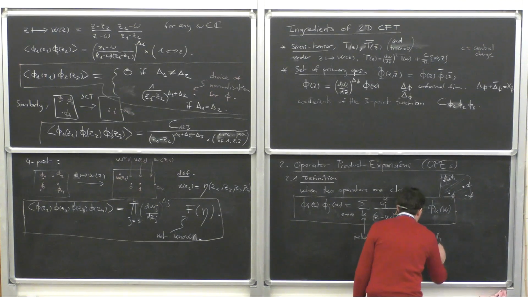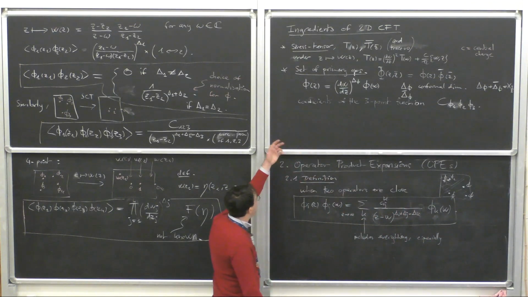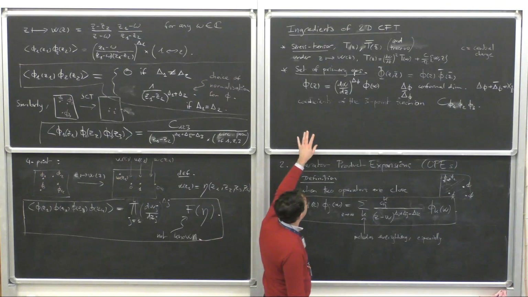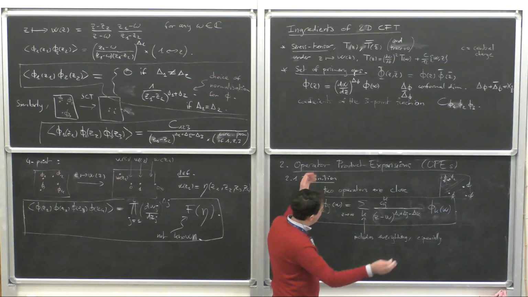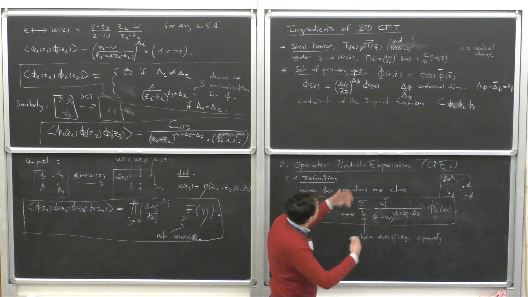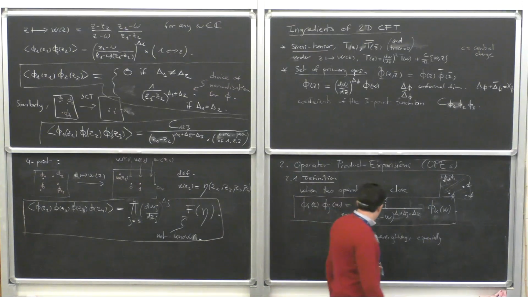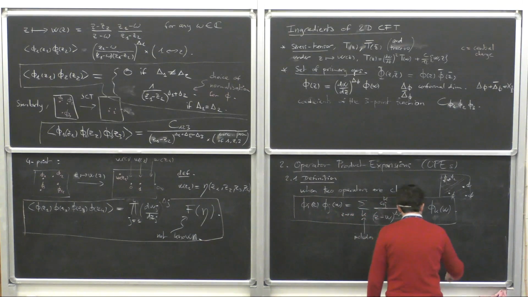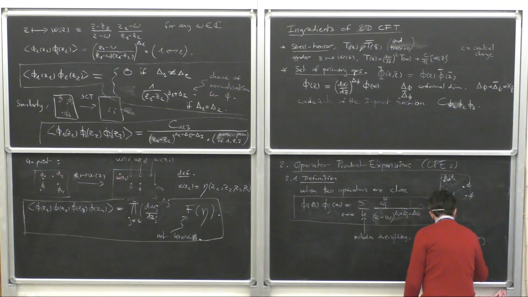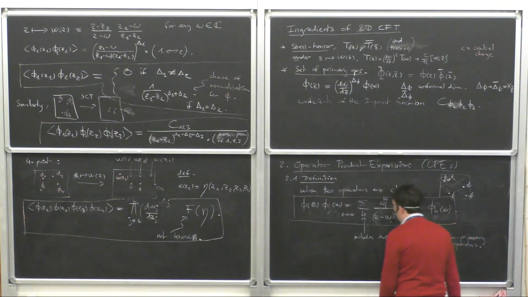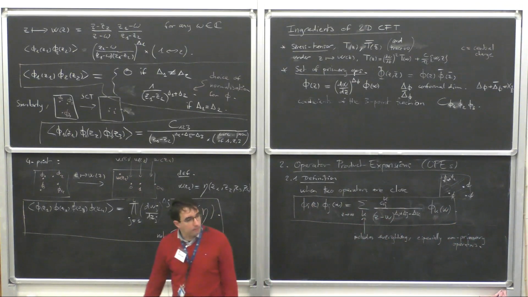So in many theories that are interesting, there's a finite set of primaries, so a very reduced number of primary fields, but then there are infinitely many other fields that are less local. And this sum includes everything, especially this infinite series of non-primary operators. So there are a few primaries, but most of the terms here are not primary operators.